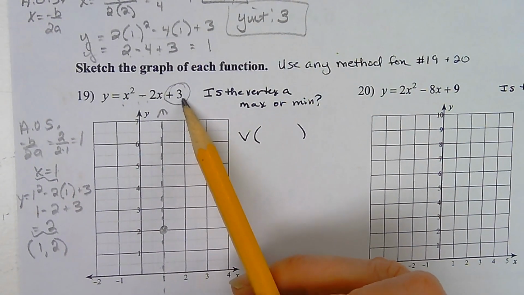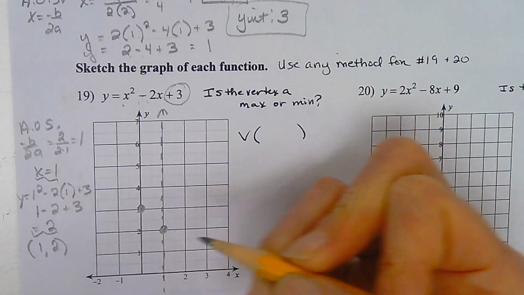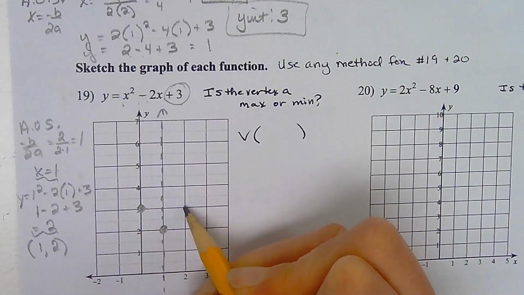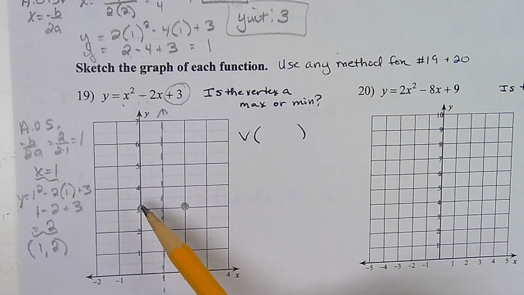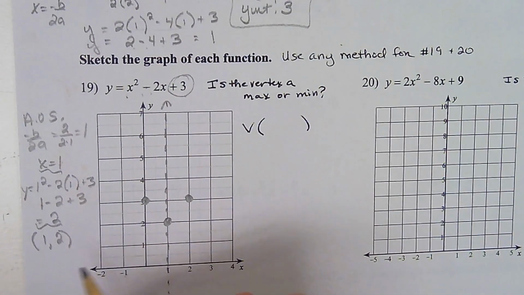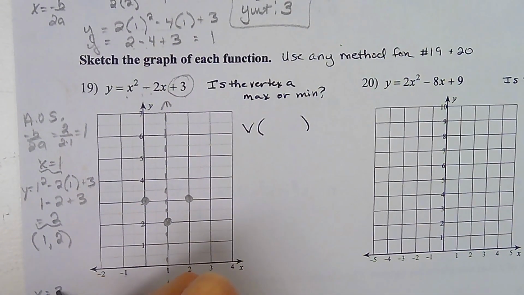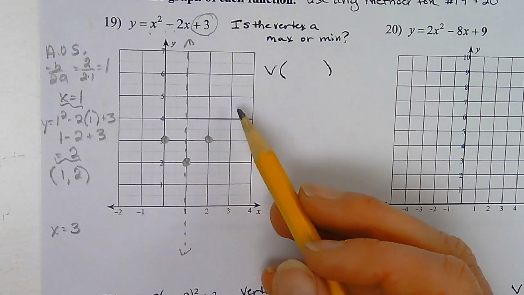So I can plot my y-intercept, 3, and I can mirror it across the axis of symmetry. Now I have 3 points for my parabola. If I want to find an additional point, I can put in x equals negative 1 or x equals 3. I'll put in x equals 3 and see what value I get to get a fourth and fifth point.